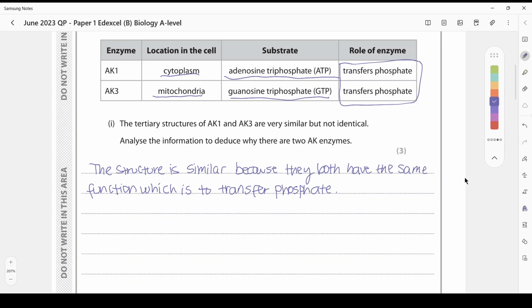And so the reason why they would not be identical is because their substrates are different, which means that their active site would have a different shape. So let's write that down.